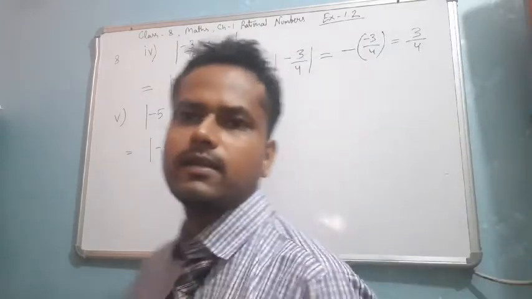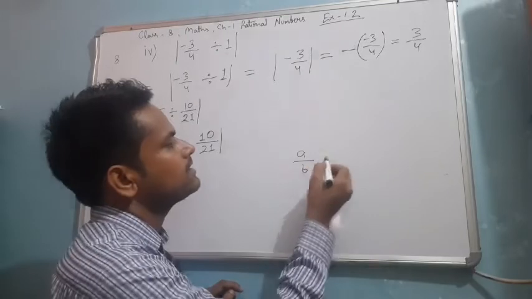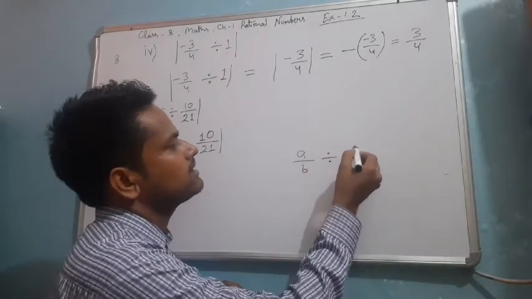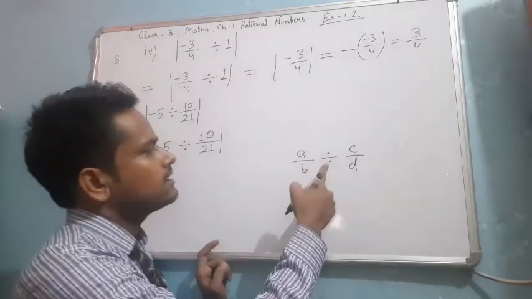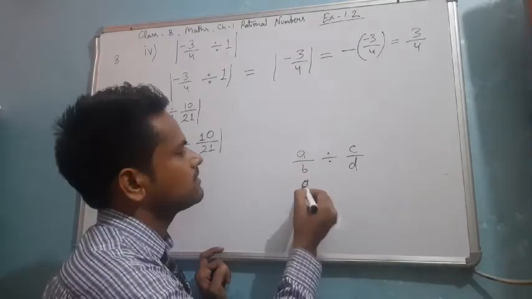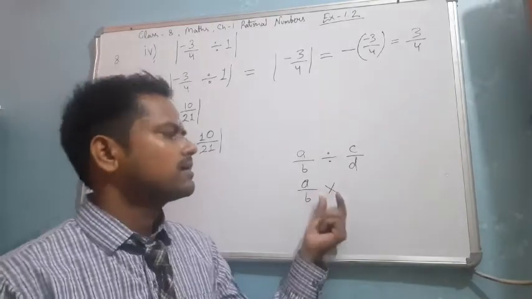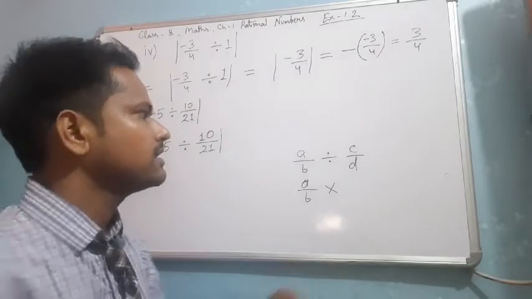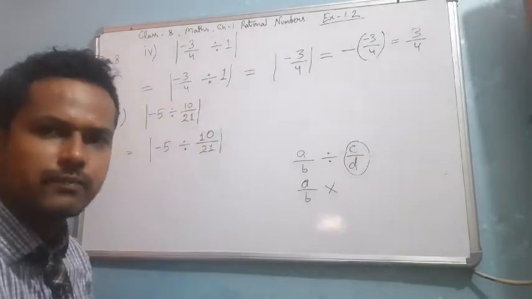As you know that if a by b divided by c by d, if you change the divide sign into multiply, then this fraction will be reciprocal.